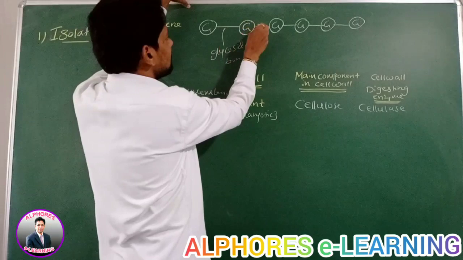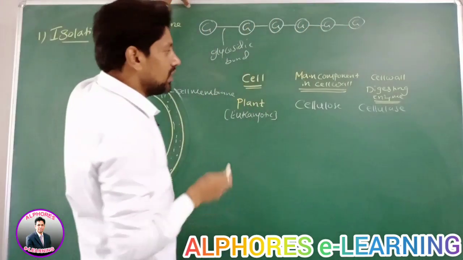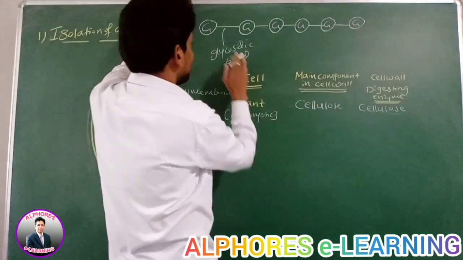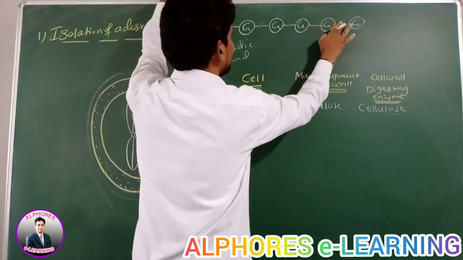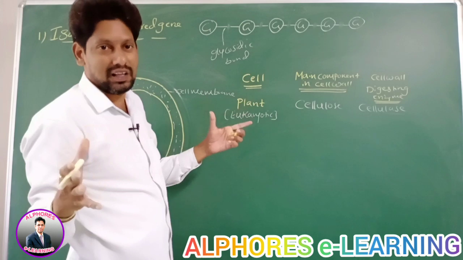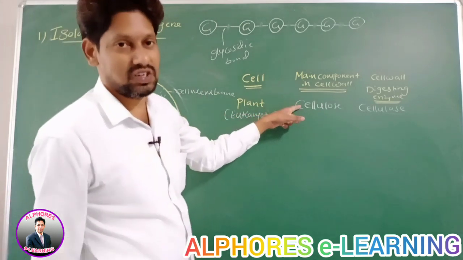The bond present between two glucose units is glycosidic bond. When you use cellulase enzyme, it breaks this glycosidic bond. Once this glycosidic bond is broken, the glucose units get separated from one another. So cellulose gets hydrolyzed. Is this statement okay?